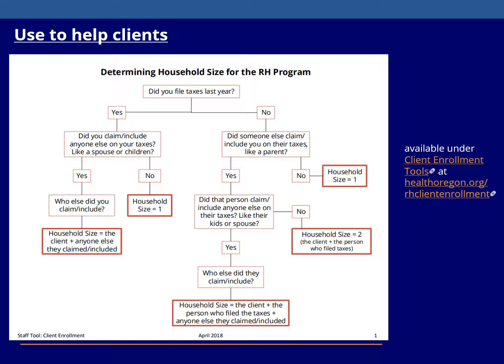So taking one of the children from the first example, their household size would also be 3, themselves, their parent, and their sibling. We know this is kind of convoluted, so clients should really just put their best guess. Like I said before, we do not verify this information, and if the client really doesn't know, they can just put 1.